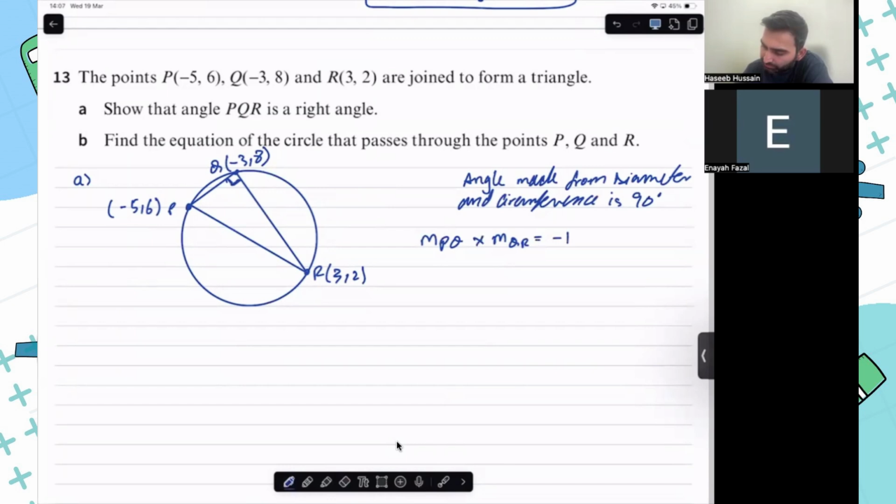Yeah. So the gradient of PQ is (8 - 6) over (-3 + 5), which is 2 over 3. The gradient of QR is (8 - 2) over (-3 - 3), 6 over -9.